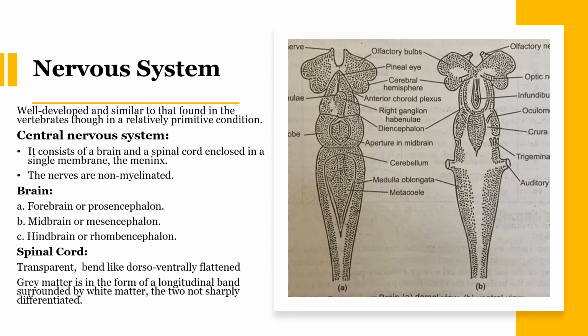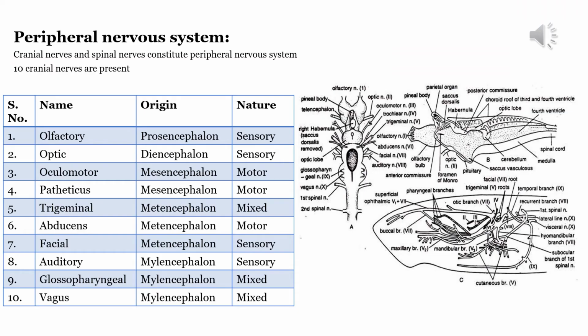So this was all about the central nervous system of Petromyzon. Now the peripheral nervous system, which comprises the cranial and spinal nerves. In Petromyzon, there are 10 cranial nerves. The cranial nerves that we are discussing here are present in all the groups of vertebrates, except that in higher vertebrates 12 pairs are present, but in Petromyzon only 10.